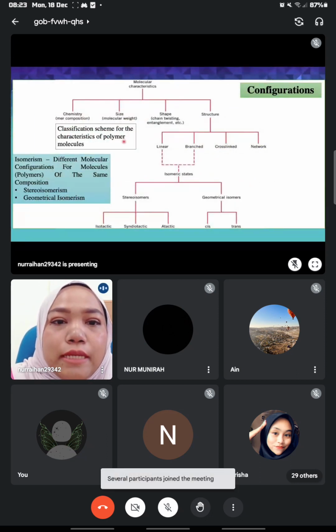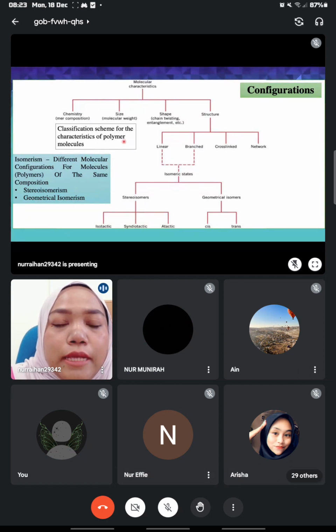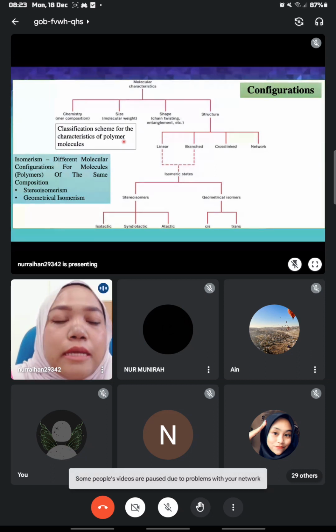So in configuration, in the molecular characteristic, you can look at the chemistry. It means how many repeating units.